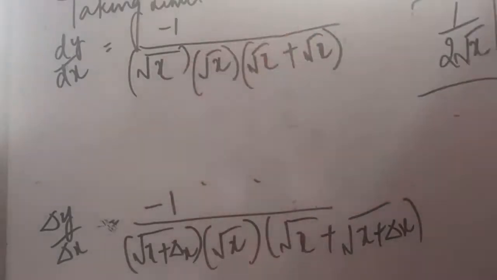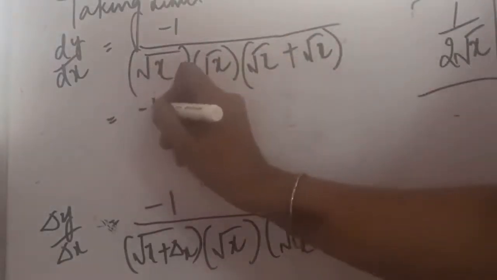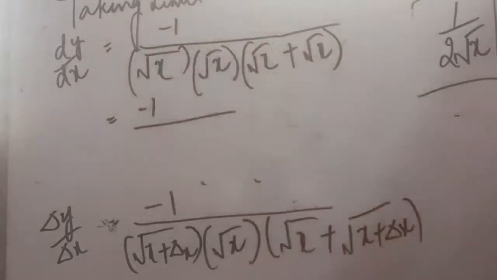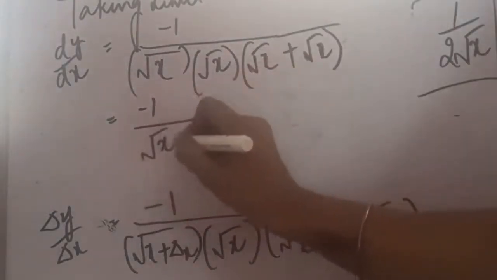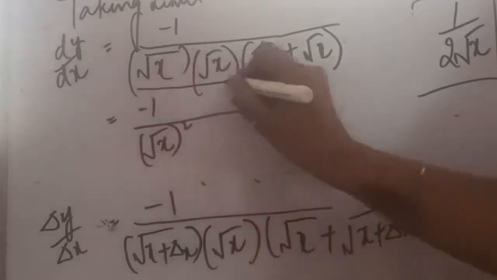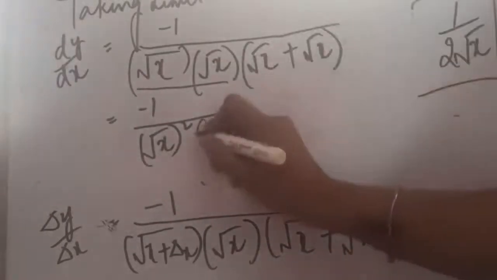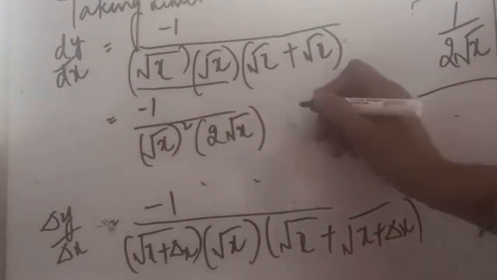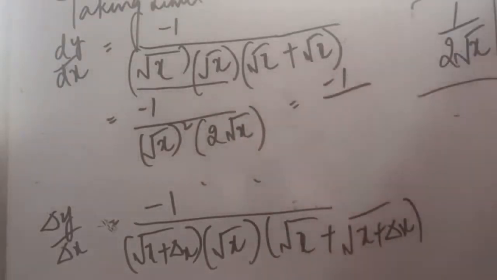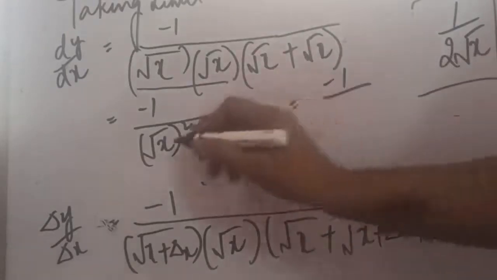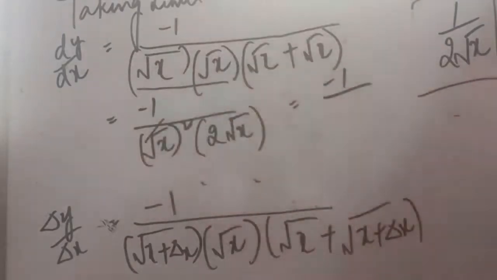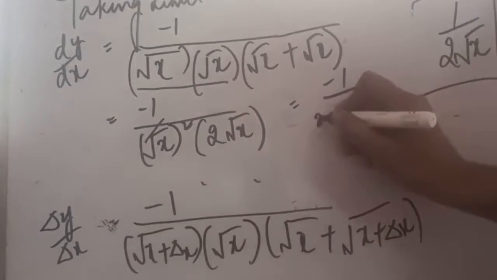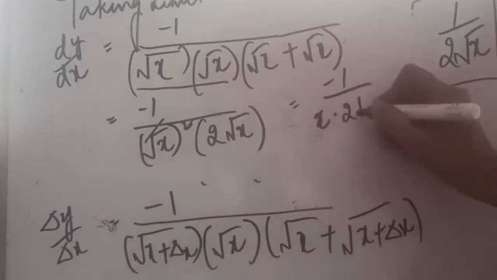So when we solve it, minus 1 divided by this will be root x square, because multiply is there, so these both will become root x square, and as it is a plus sign over here, this will become 2 root x. So it will be minus 1 divided by x, this will be deleted, so this will be x into 2 root x.